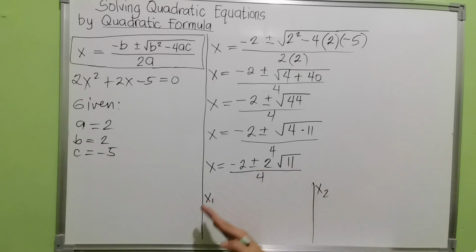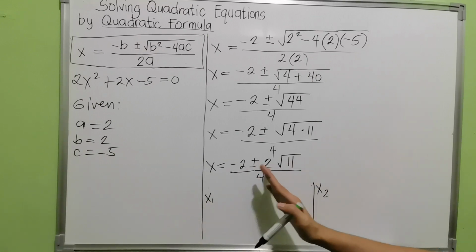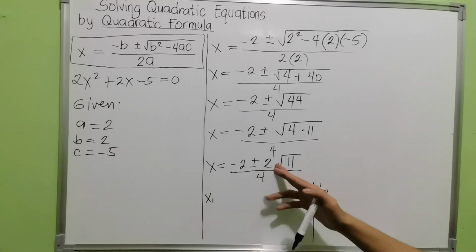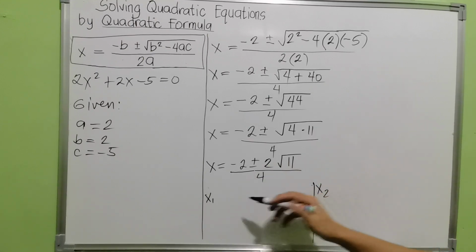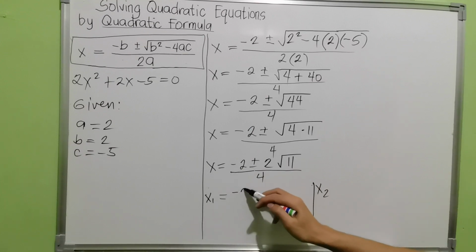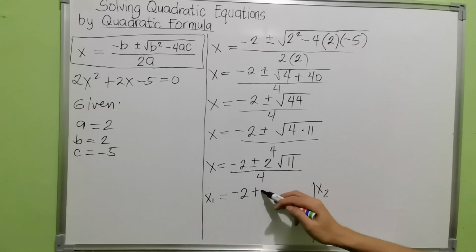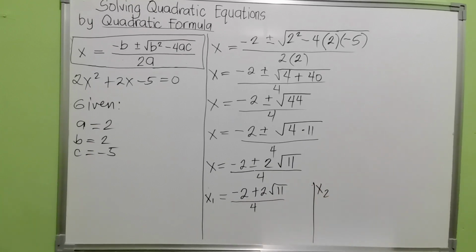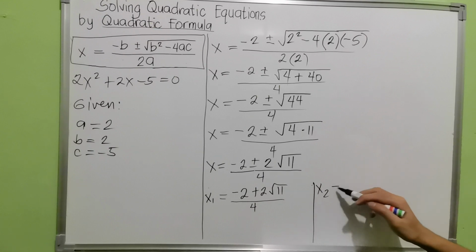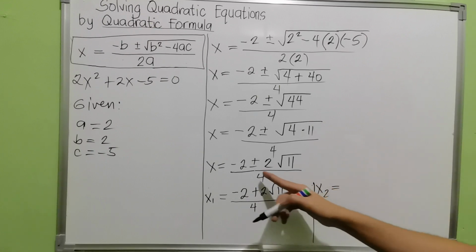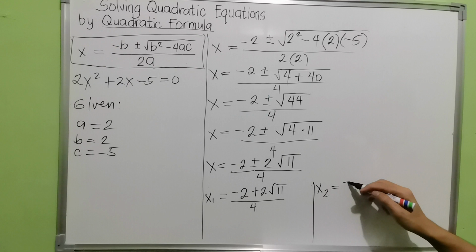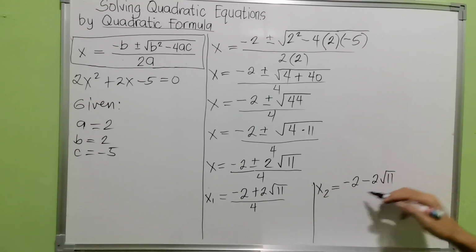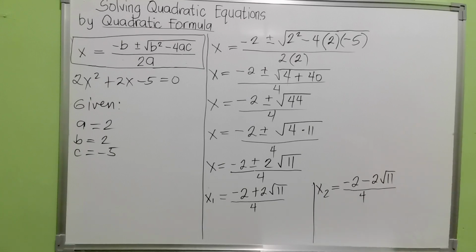In x sub 1, we use positive 2 square root of 11, so x sub 1 equals negative 2 plus 2 square root of 11 divided by 4. In x sub 2, we use negative 2 square root of 11, so x sub 2 equals negative 2 minus 2 square root of 11 divided by 4.